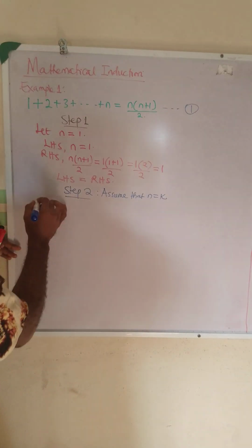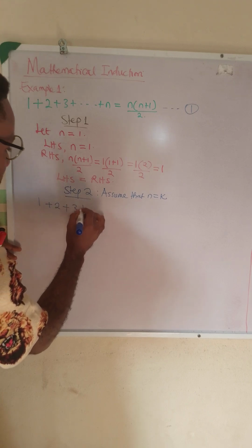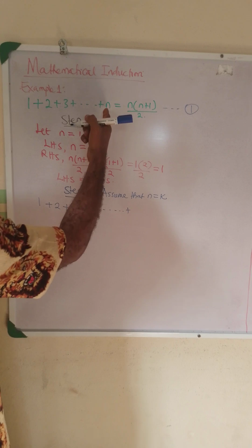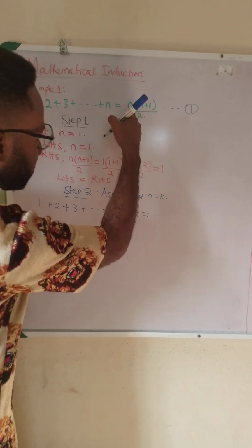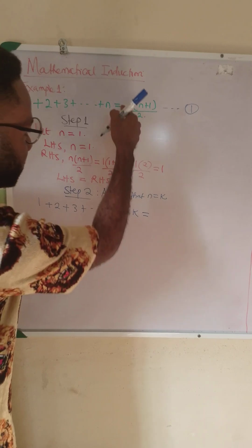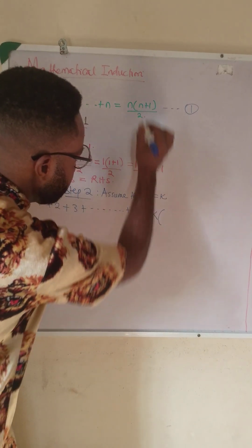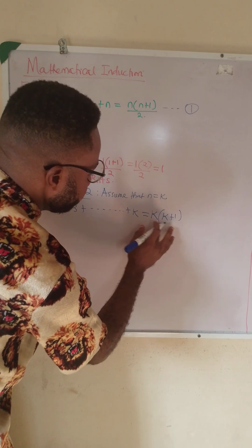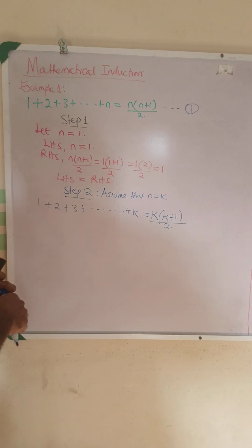Copying equation 1, we have 1 plus 2 plus 3 plus, because we say n is equal to k, we keep our k here, equal to, and we are done with the left hand side. Then the right hand side, we have n here, so we replace it using k, into another n, it will be k plus 1, all over 2. So we are done with step 2.